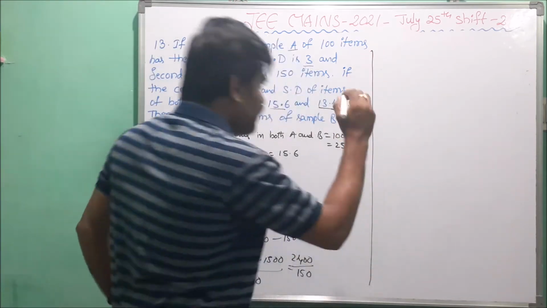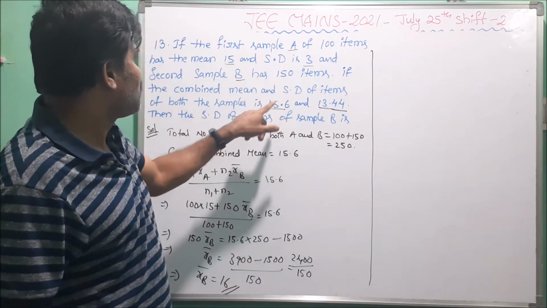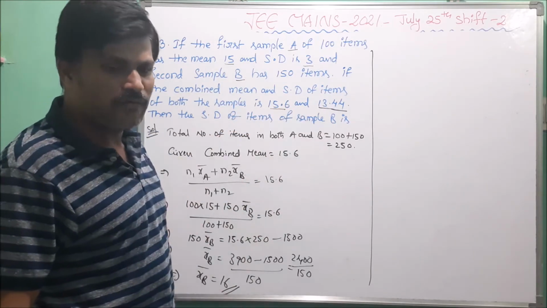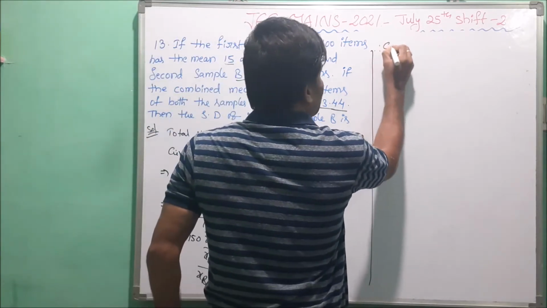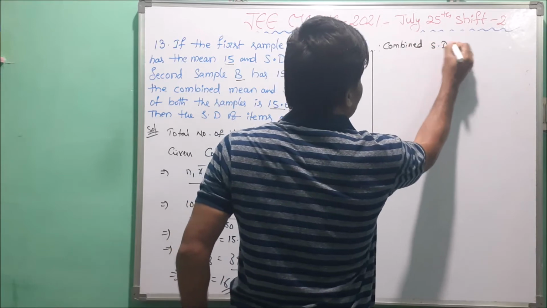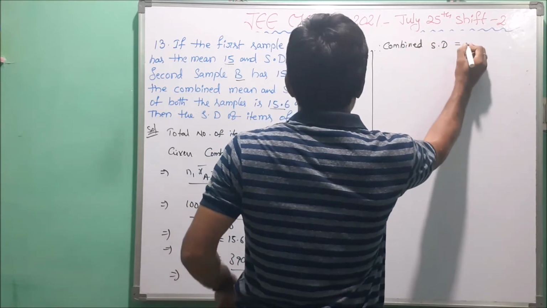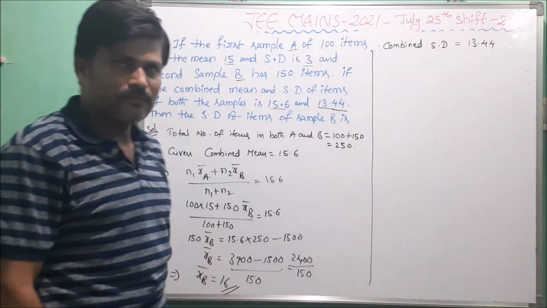Similarly, the given combined standard deviation is 13.44. Now we take that condition: the combined standard deviation will be equal to 13.44.